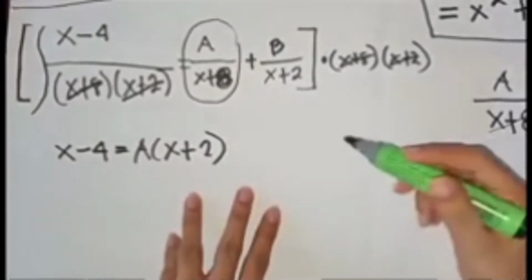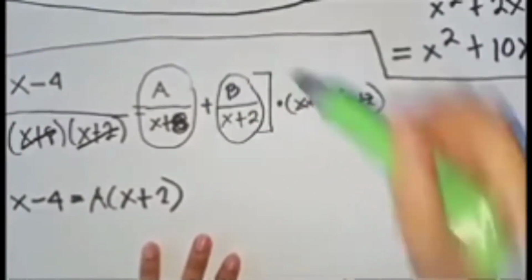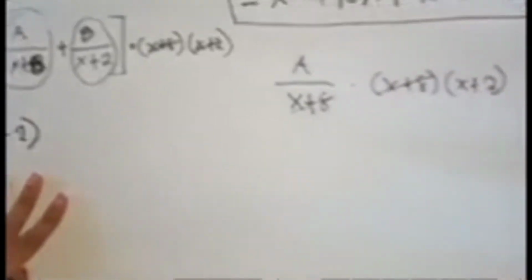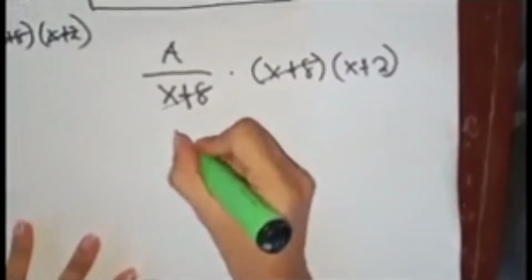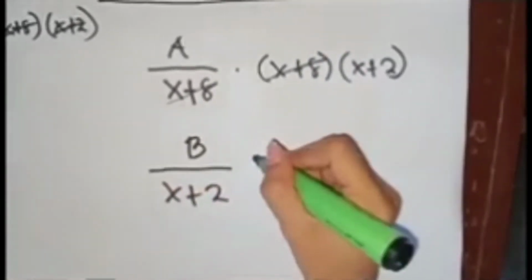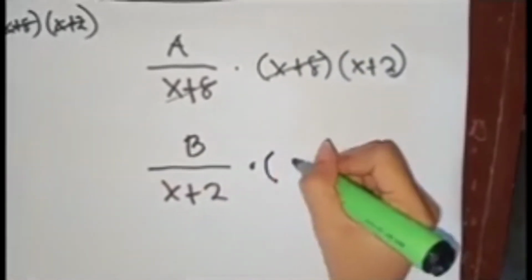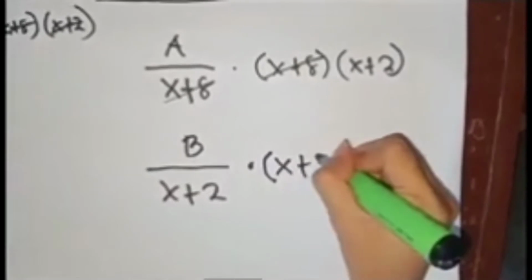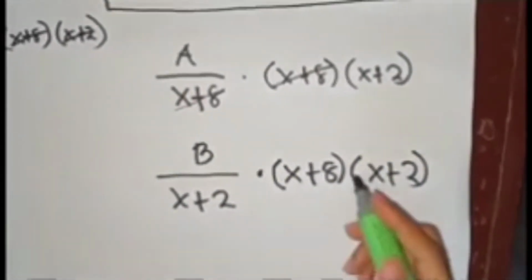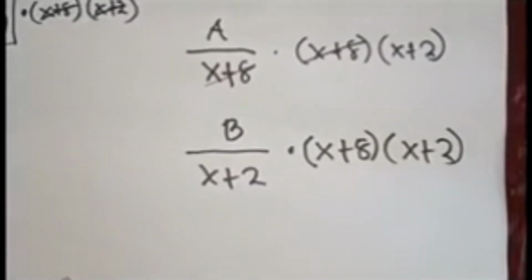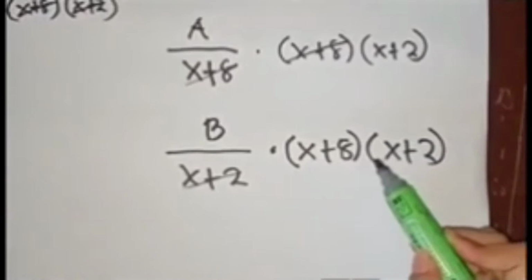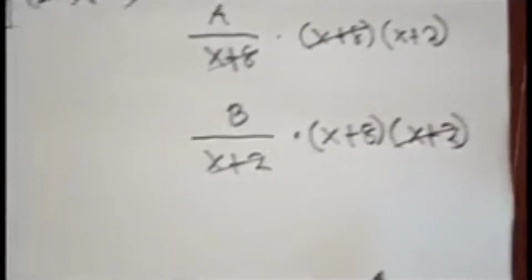Now, we will also take this fraction and multiply it by this factor. So let's also rewrite B divided by (x plus 2) times (x plus 8) and (x plus 2). Now, we will cancel this x plus 2 and x plus 2.